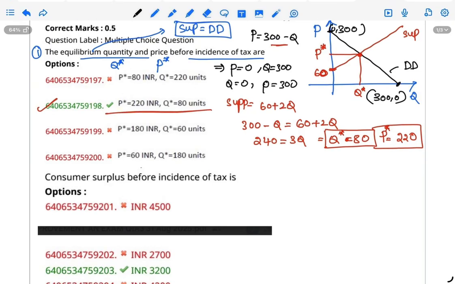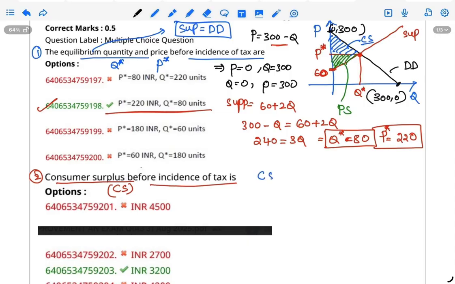Next, the second question: find the consumer surplus CS before the incidence of tax. This green area is the consumer surplus.